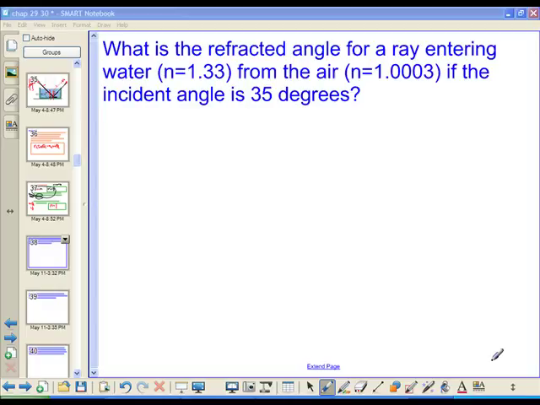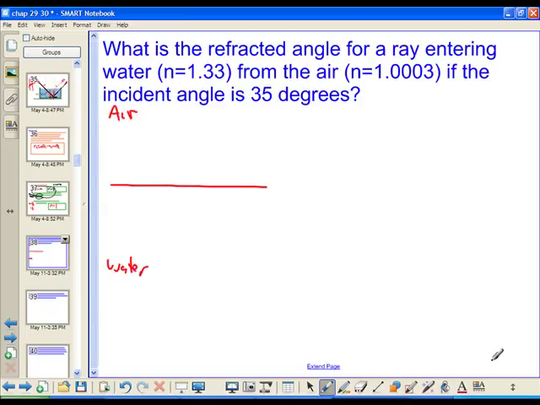What I like to do with these is to basically make a picture. So here's our boundary. We have air and we have water. N1 is 1.0003, N2 is 1.33. And there's our normal. Now, we come in at theta 1 of 35 degrees. Since we're going from a lower to a higher index of refraction, what can we say about the speed?